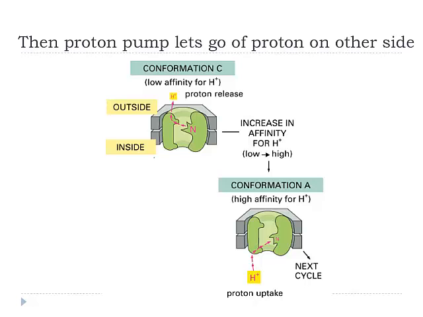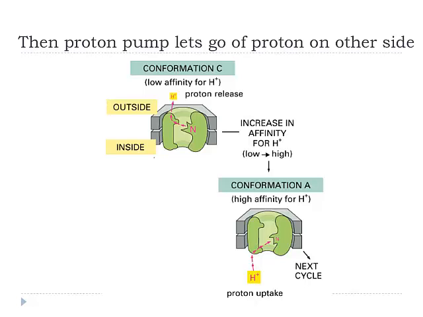And then there's another conformational change that occurs in order to release the proton to the outside of the inner membrane into that intermembrane space. And that happens because there's a loss of the affinity.